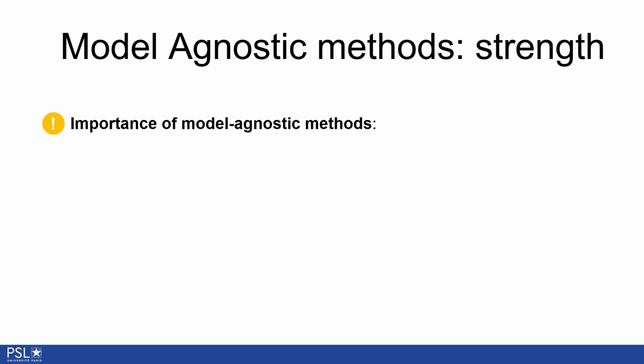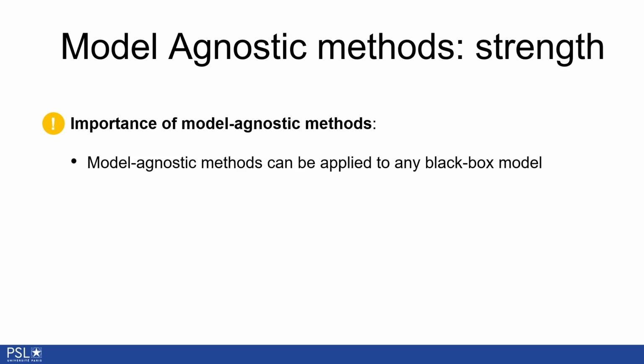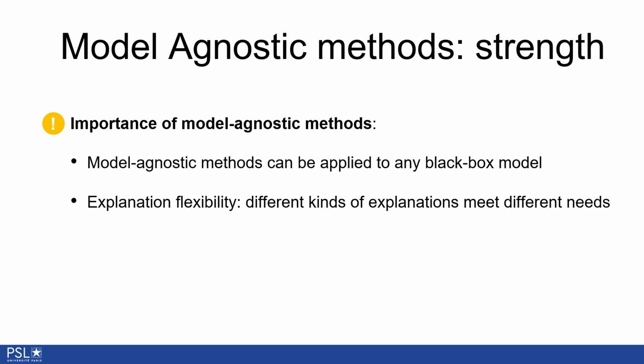on model-agnostic post-hoc methods. To summarize this part, we have reviewed some of the most important model-agnostic methods and we discussed their importance. The main strength of model-agnostic methods is that they can in principle be applied to any black box model. They moreover allow for explanation flexibility as different methods provide different types of explanations that meet different needs.